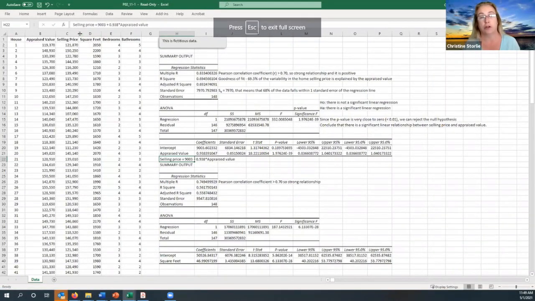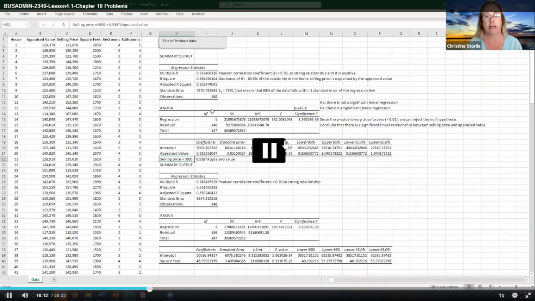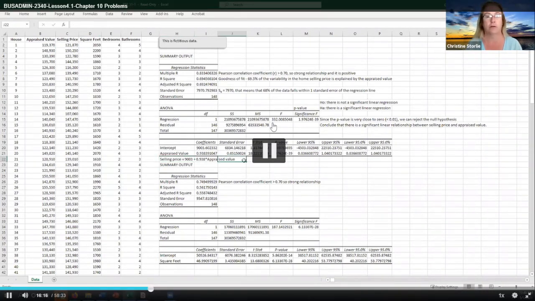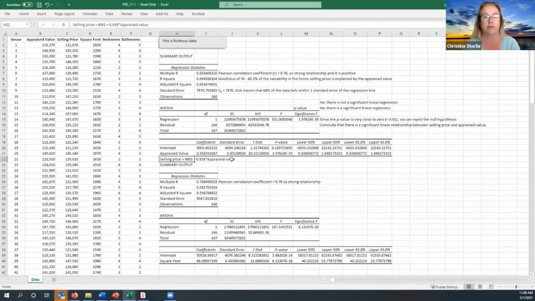So when it says interpret that, that means you're stating it in terms of words, or if you wanted to use SP for selling price and AB for appraised value, you would just need to define those so you knew what they represent, right? And then the final interpretation is to say what that coefficient in front of appraised value means.